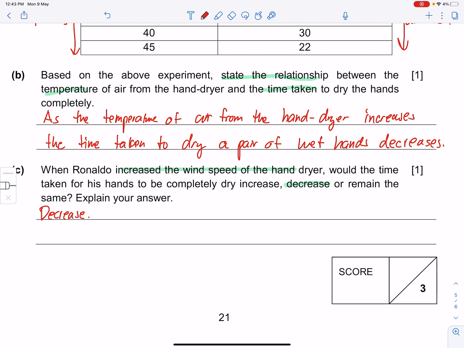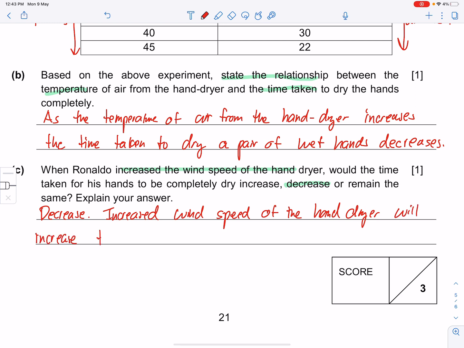You have to say that increased wind speed of the hair dryer or hand dryer will increase the rate of evaporation of the water on his hands.